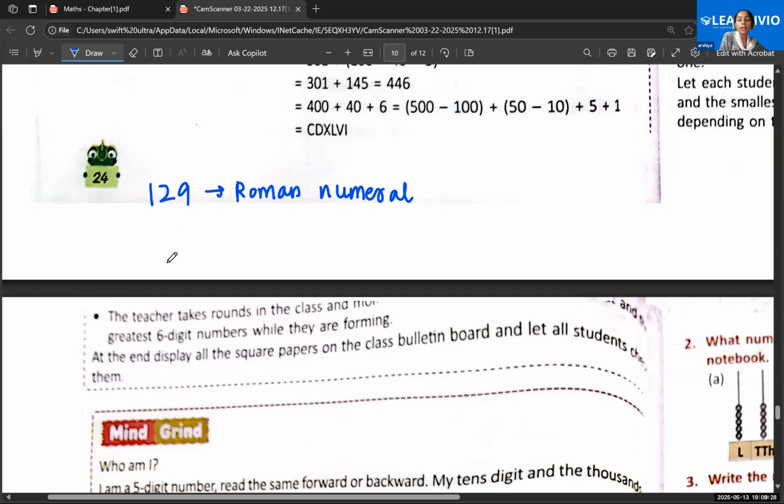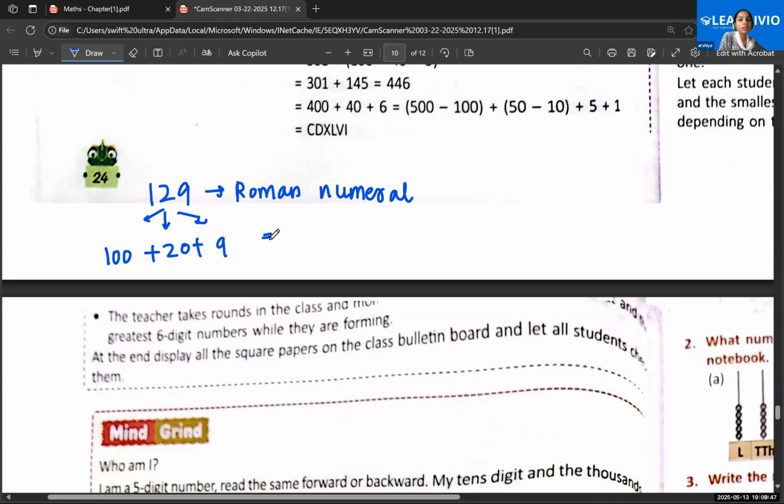Instead of thinking how to write 129, you break this number into 3 parts. You write the expanded form. So expanded form will be 100 plus 20 plus 9, right? Do you remember?